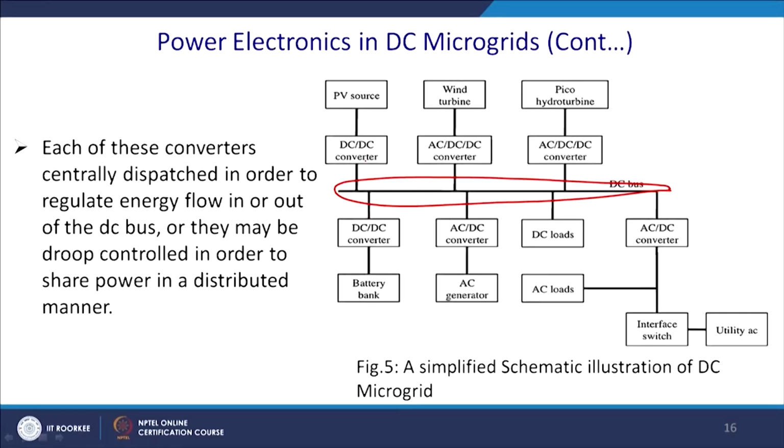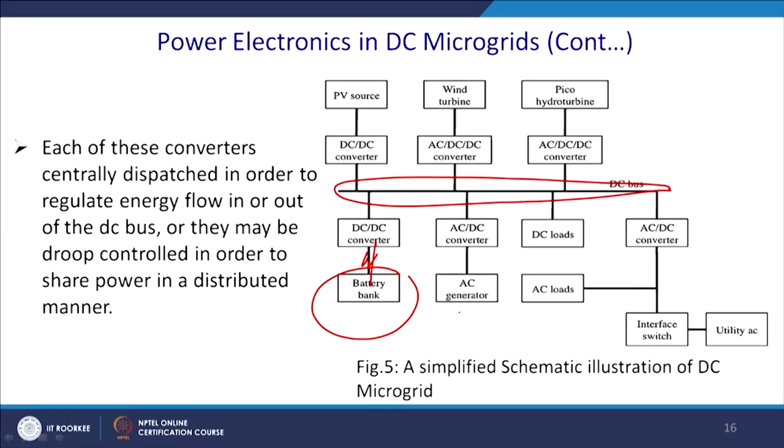You may have a pico hydro or micro hydro turbine with an AC to DC converter. Thereafter you may have a battery bank with bidirectional power flow using a DC to DC converter.